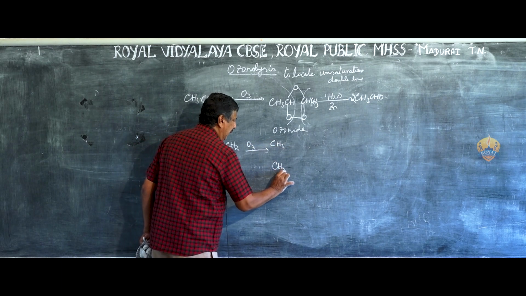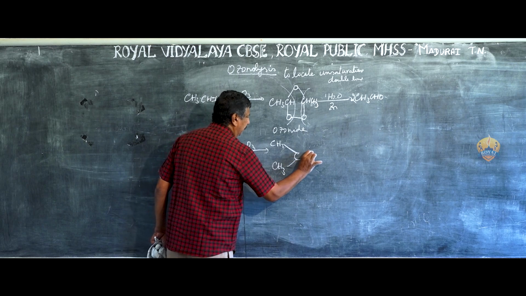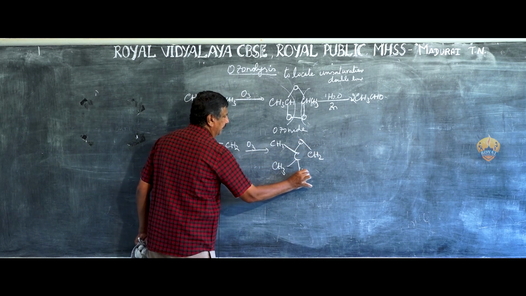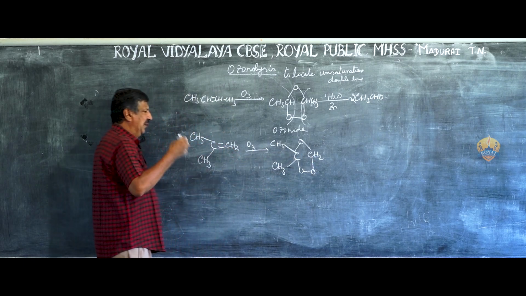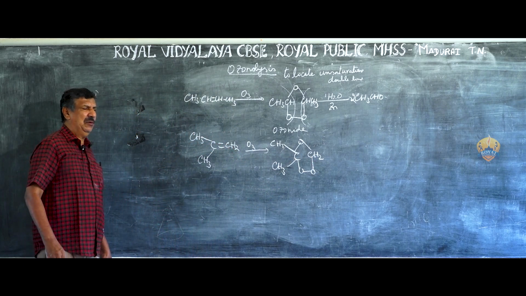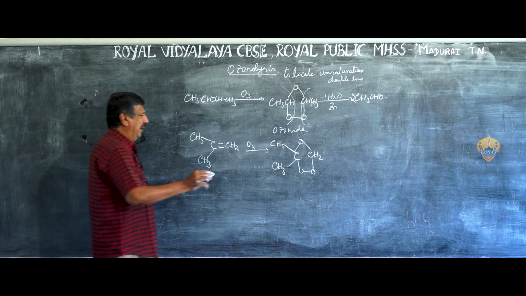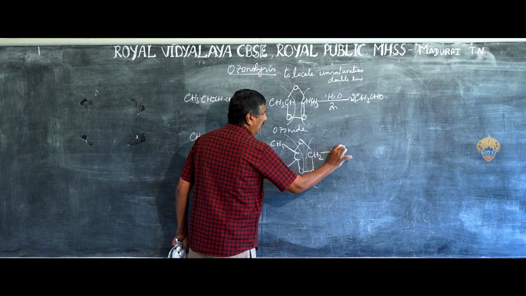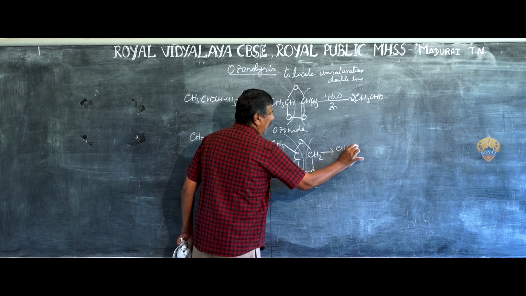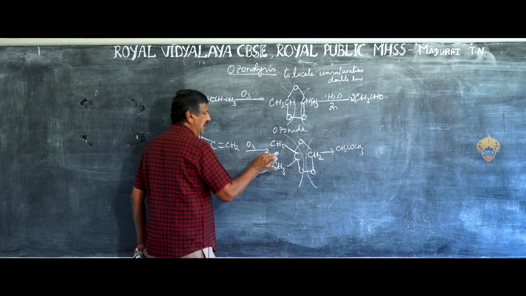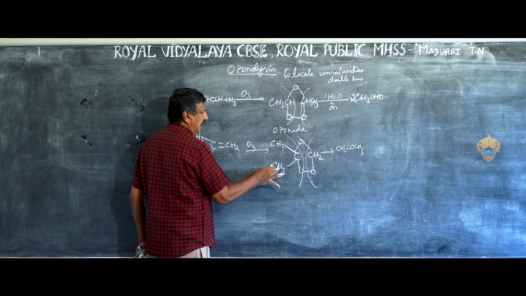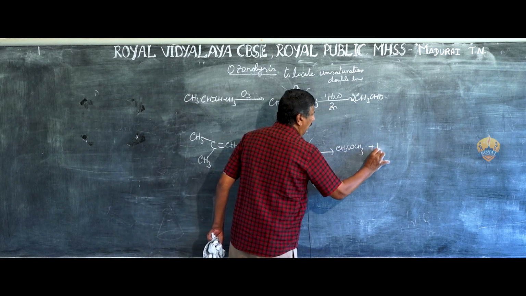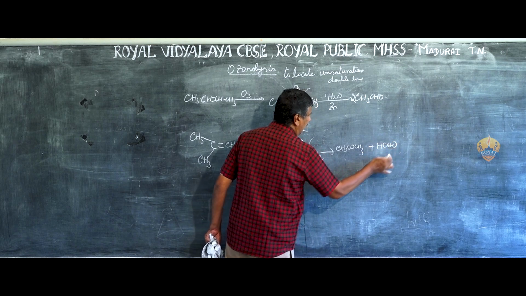You first break the double bond and create the ozonide. Then break the ozonide. You will be getting CH3COCH3 like this. Then this one, I already told you, is formaldehyde. That's all.